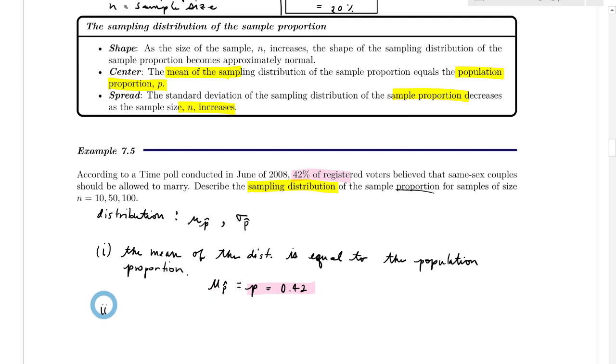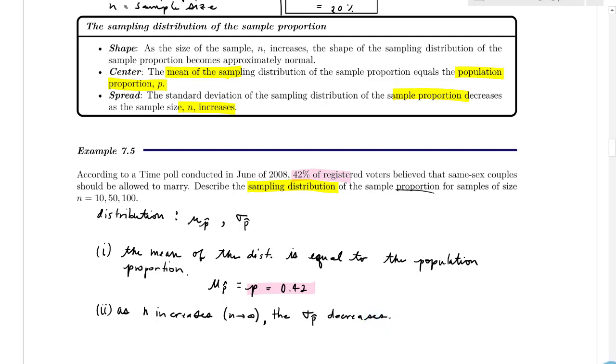All right, so the next thing we want to discuss is as n increases, right, n goes to infinity, the standard deviation decreases.